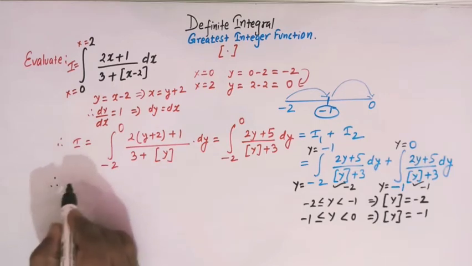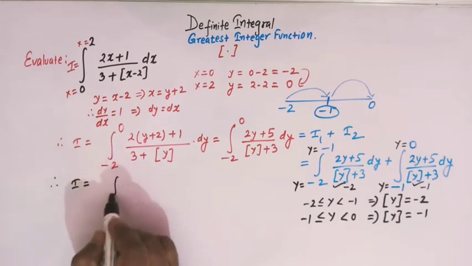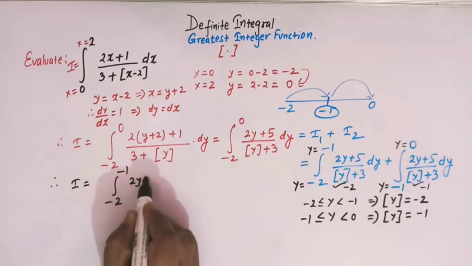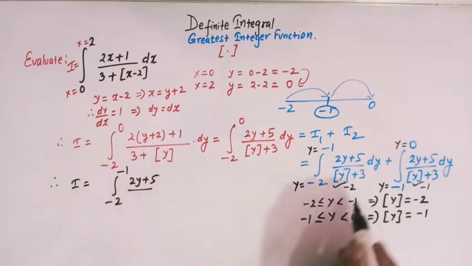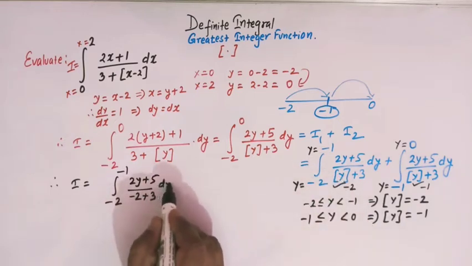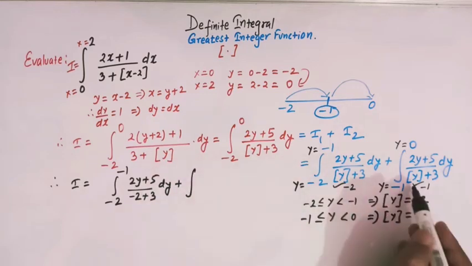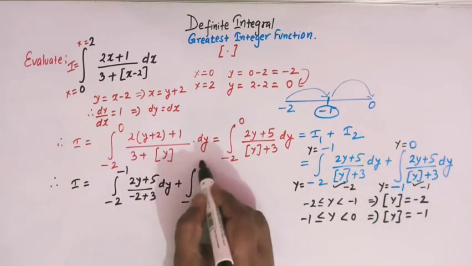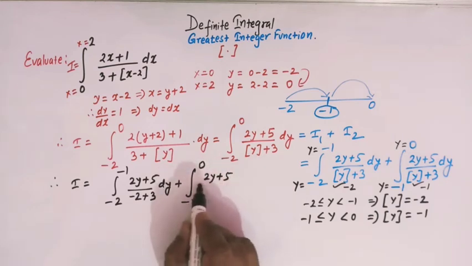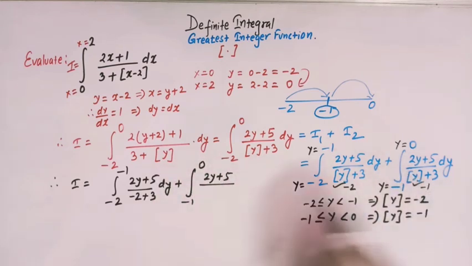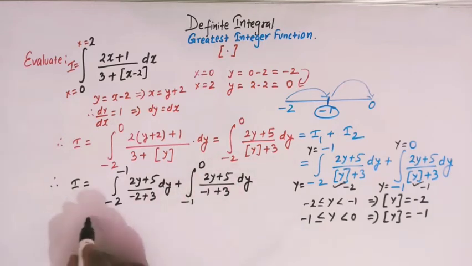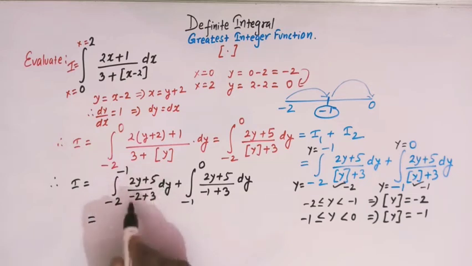Therefore I can be written as the integral from minus 2 to minus 1 of (2y plus 5) divided by (minus 2 plus 3) dy, plus the integral from minus 1 to 0 of (2y plus 5) over (minus 1 plus 3) dy.